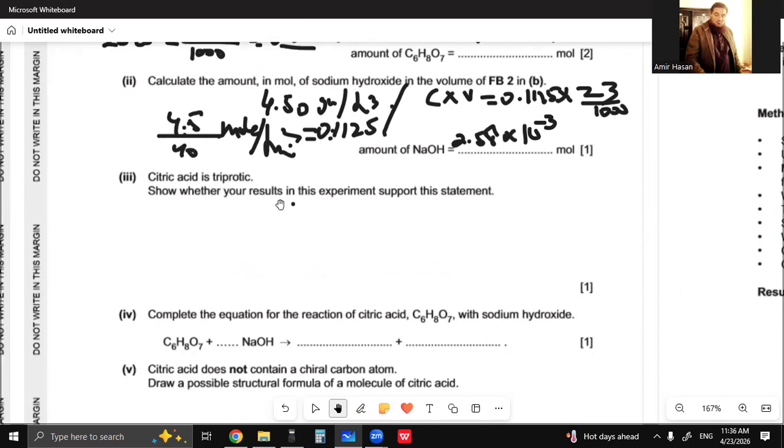Show whether your result in this experiment supports this. How do we say citric acid is triprotic?